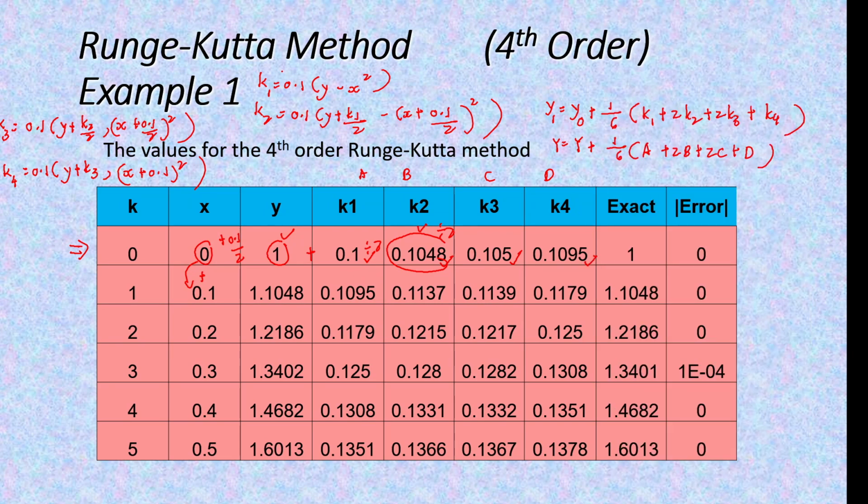So I just use one formula here: 0.1 multiply y minus x squared to calculate K2, K3, K4.